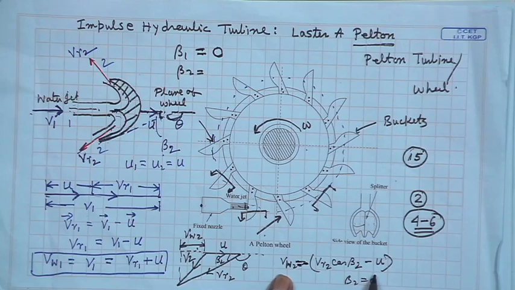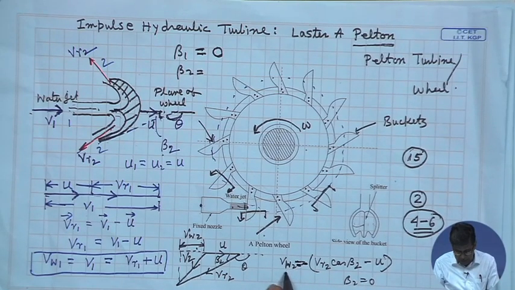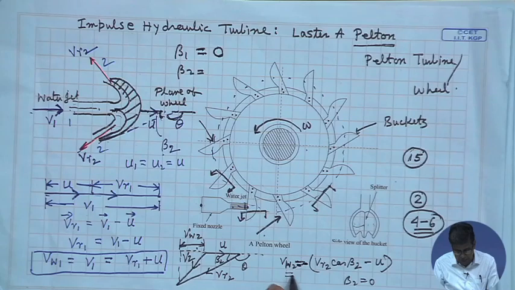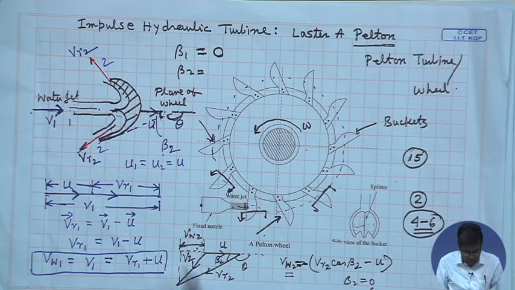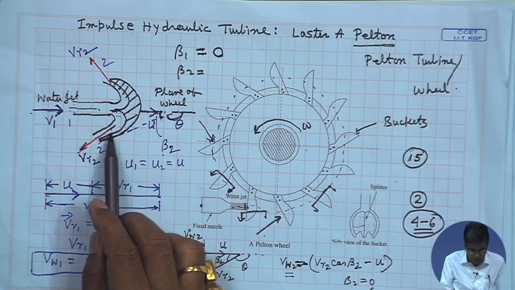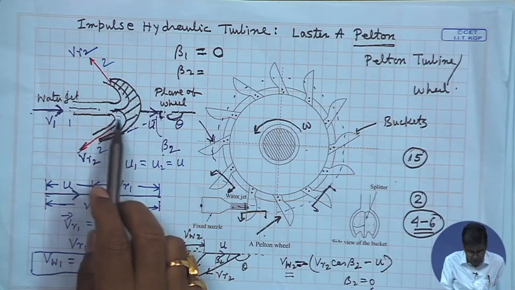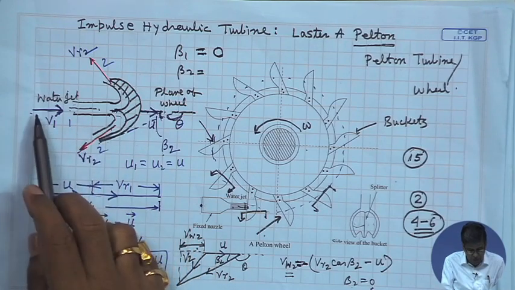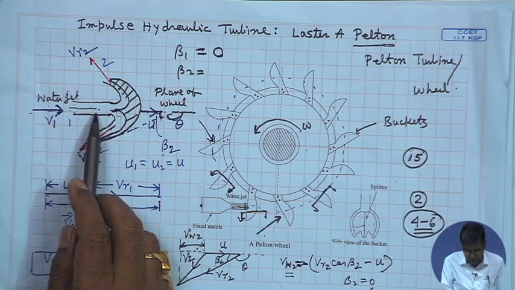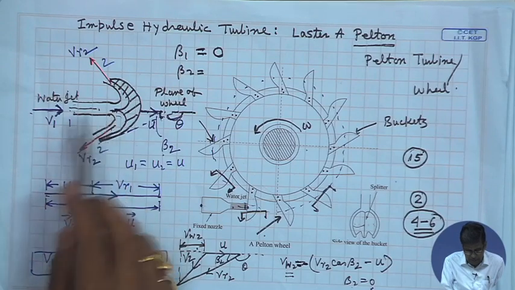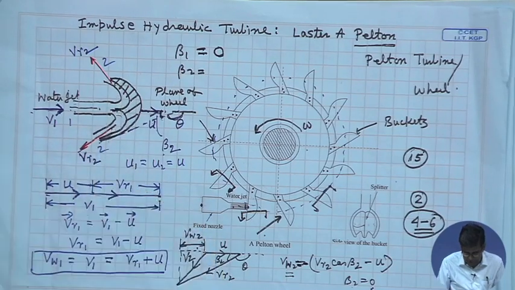Now, from the momentum change point of view, for the maximum change in the angular momentum, this V_W2 should be maximum when beta 2 is 0, and in that case the velocity of the fluid relative to the bucket has to be deflected by 180 degree, completely opposite to its inlet velocity, or the velocity at inlet with respect to the bucket.